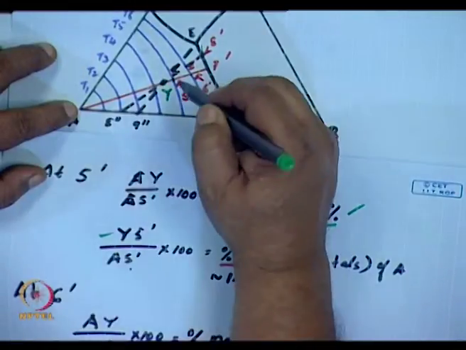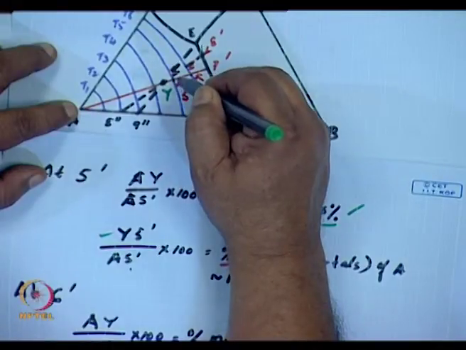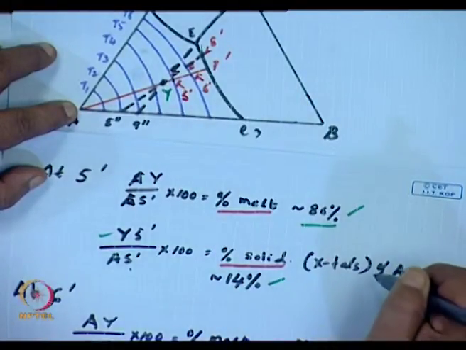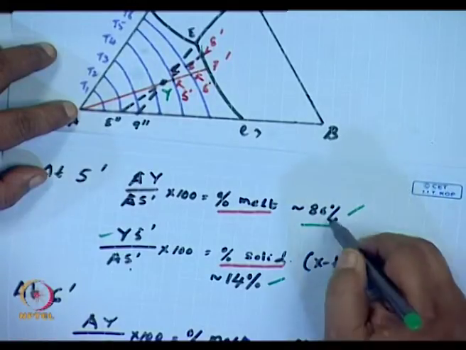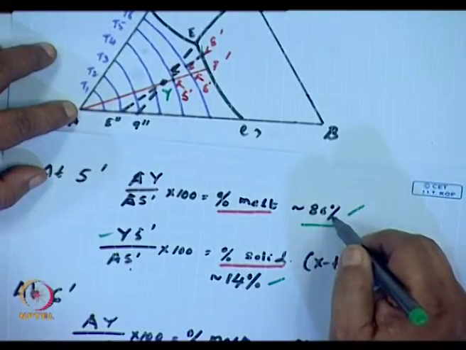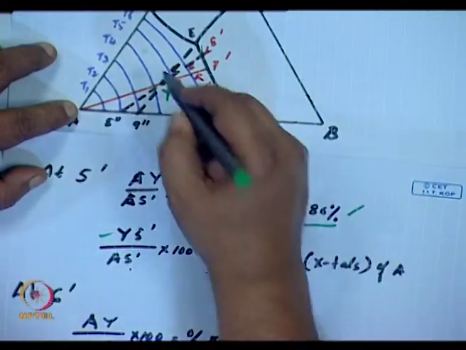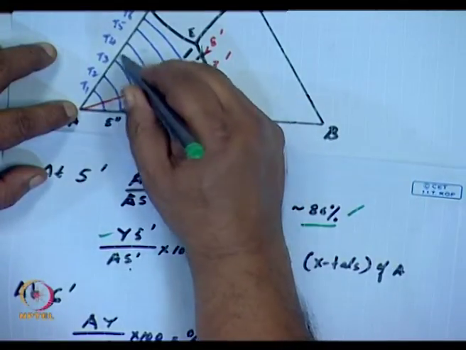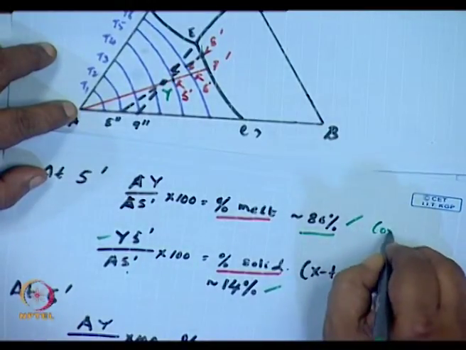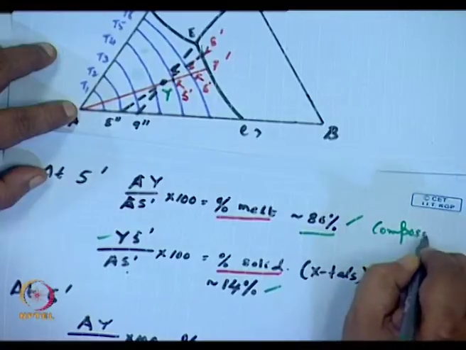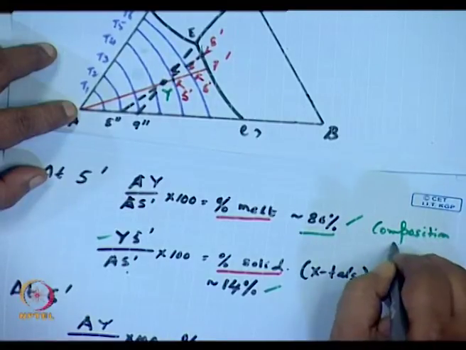So as this sample Y is cooling at T5, I have got 14% A crystals separating out and 86% of the mass is still a liquid. Now obviously, again, if you drop perpendiculars from here, you can find out the composition. I leave that to you to find out the composition of the liquid.